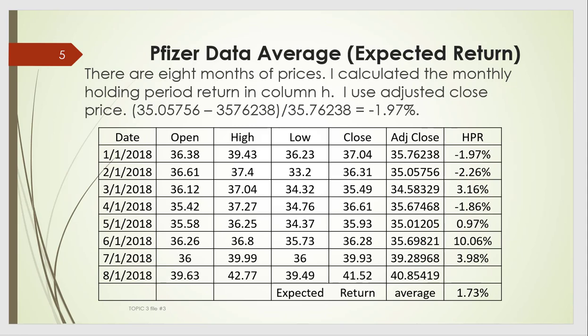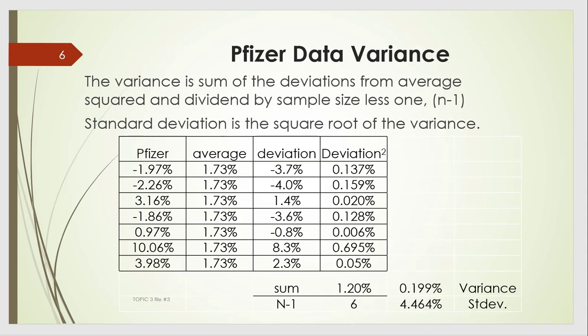Next thing we want to do is talk about how much it varies, or calculating the variance. So I have the 7 observations of returns for Pfizer. I subtract the average return from each of them to get the deviation from the average. I square the deviations from the average. I sum them, and they come out to be 1.2%. But there were 7 observations, so n minus 1 would be 6.